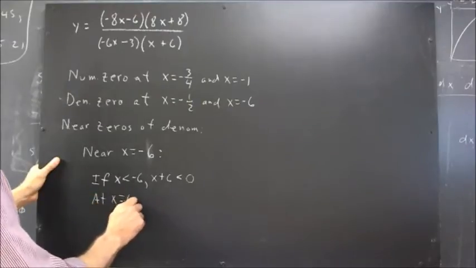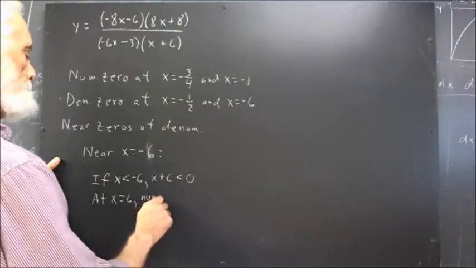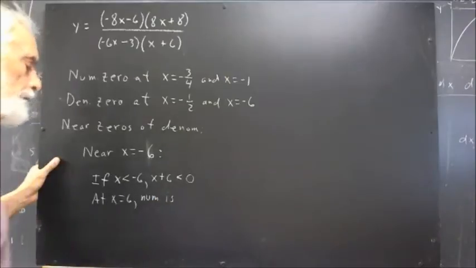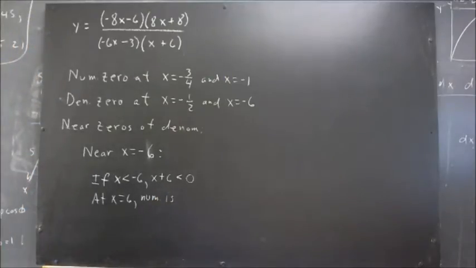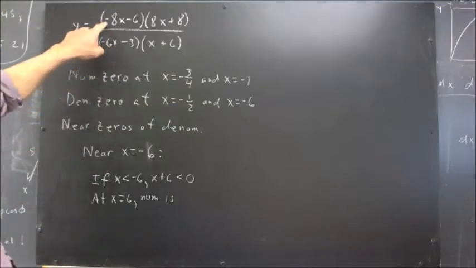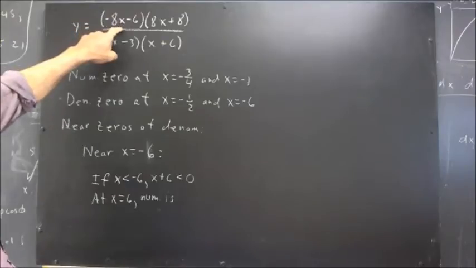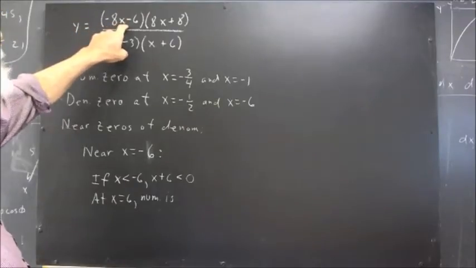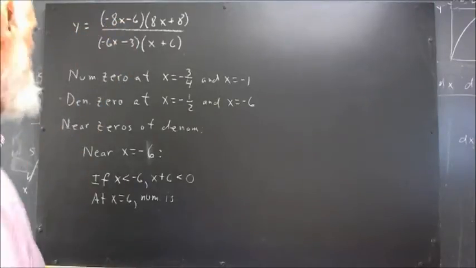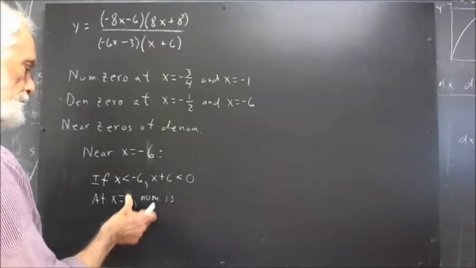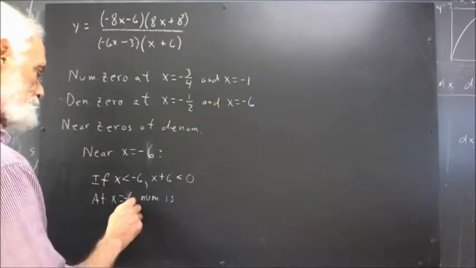At x equals 6, the numerator is what? What's the value of the numerator at x equals 6? Well, if x equals 6, you have negative 48 here, negative 8 times 6. I'm sorry. And it's not at x equals 6, it's at x equals negative 6.